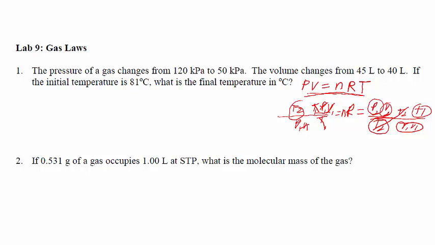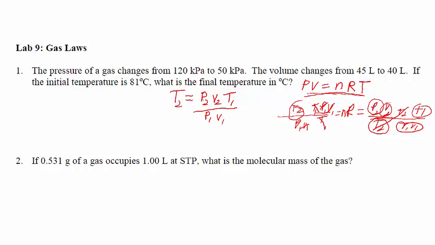So let's go ahead and rewrite this in a little bit neater form. T2 equals P2 V2 T1 over P1 V1.